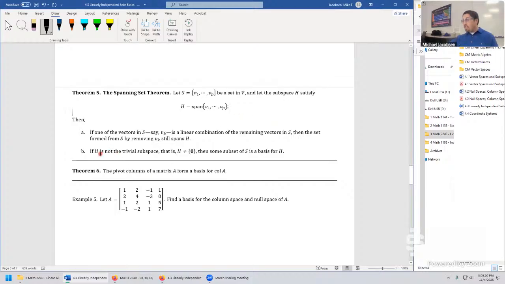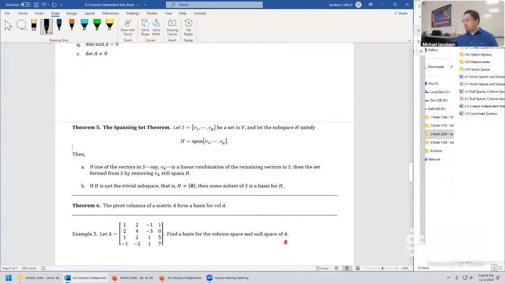It says next, if H is not the trivial subspace, then some subset of S is going to be a basis. We remove all the linear dependencies through part A, find all the linear combinations that some other vector could hold with the remaining vectors, delete them, and we keep shortening the set S until it's pared down to the point it is linearly independent, and now it's a basis. So that's the major idea with the spanning set theorem.